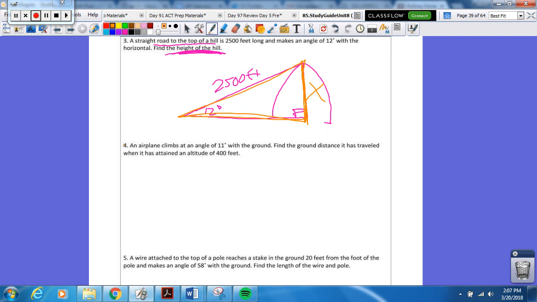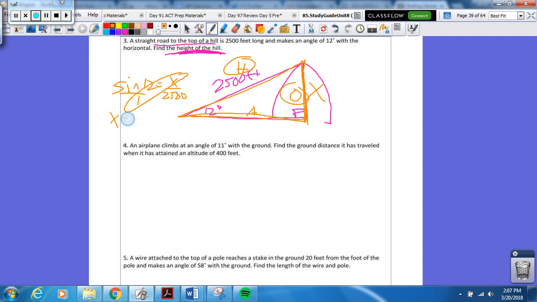Ready, set, go. Do you have it? Let's see. This is opposite, this is hypotenuse, and this is adjacent. So I have opposite and hypotenuse. What's that going to be? Look at your notes. Sine. So the sine of 12 equals opposite, which is x, over hypotenuse, which is 2,500. Now cross multiply.